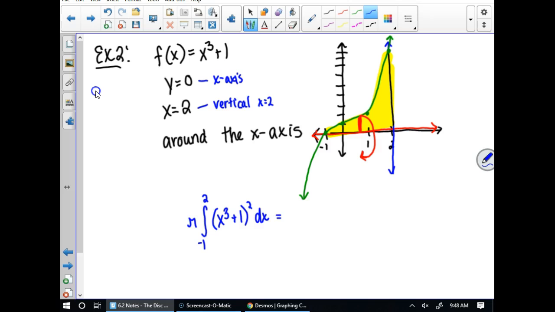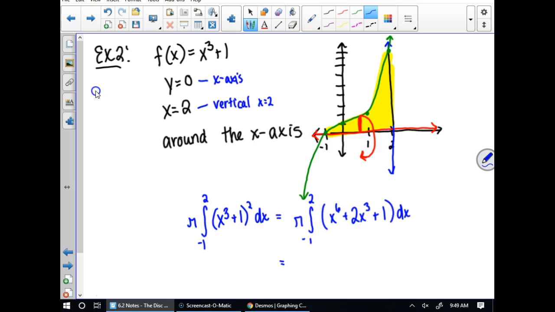So once you get this set up, it's really just a matter of integrating. So I would probably go ahead and square that out. Also, don't lose that pi, because it's so easy to lose the pi there. So we would have x to the 6th plus 2x to the 3rd plus 1, if we did the double square for that.